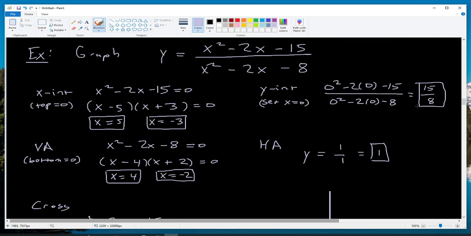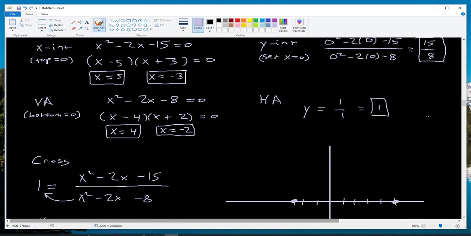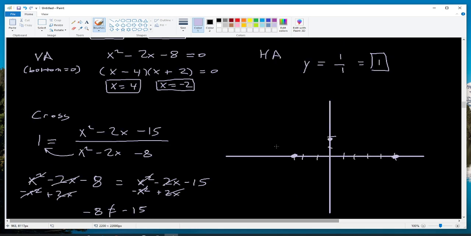Our y-intercept is at positive 15 eighths, which is 1 and 7 eighths, so it's basically right here, just below 2. Vertical asymptotes at positive 4, and again at negative 2. And our horizontal asymptote is at 1.